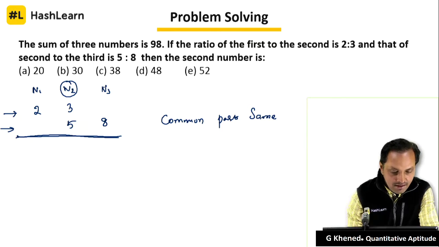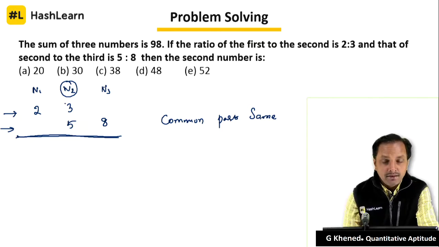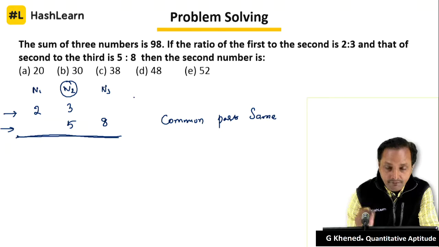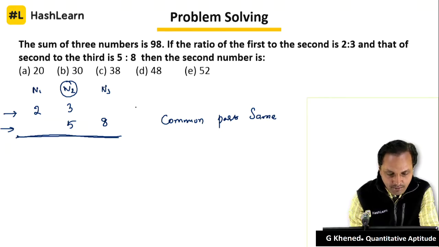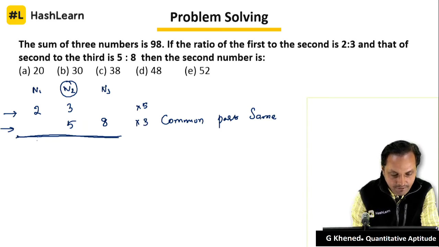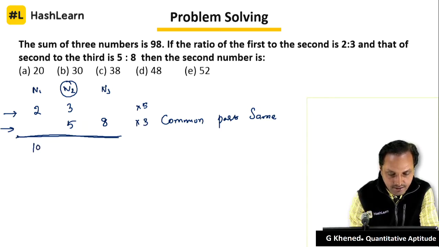How will you make it the same? Very simple. 3 into 5 is 15. So what is the factor? 5 and 3 are the factors. You can multiply this with 5 and this with 3. Once you multiply, 5 into 2 is 10, 5 into 3 is 15, or 3 into 5 is also 15, 8 3s are 24.